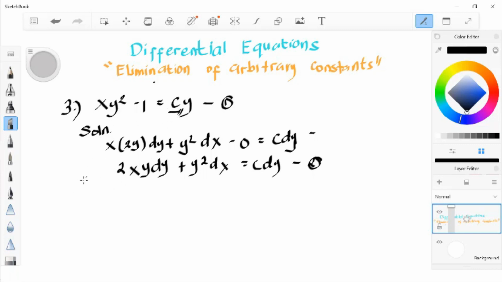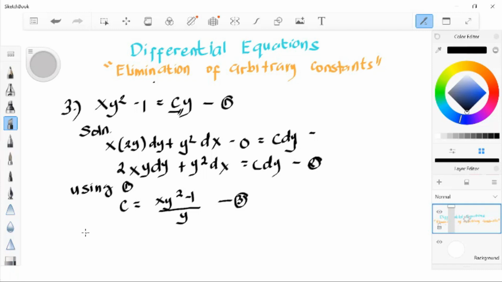So using equation 1, c is nothing but xy squared minus 1 over y. Mark that as equation 3. What we must do next is to substitute the value of c, which is equation 3, inside equation 2.